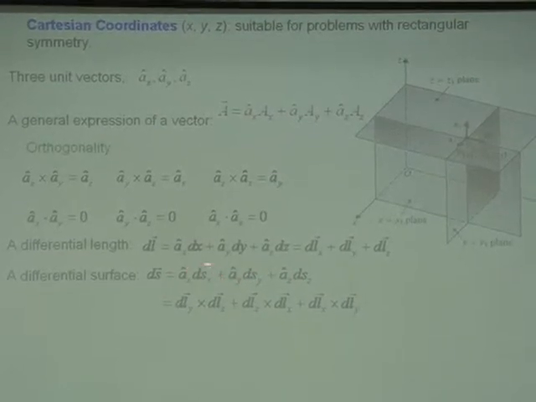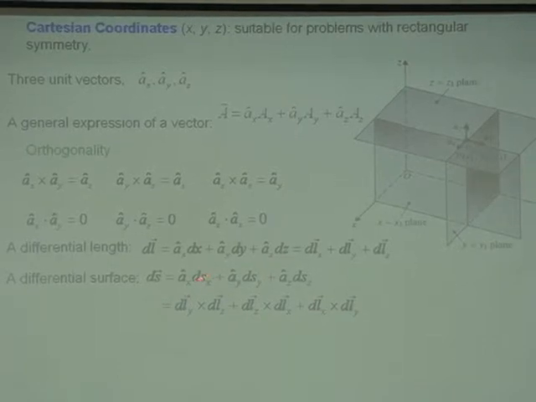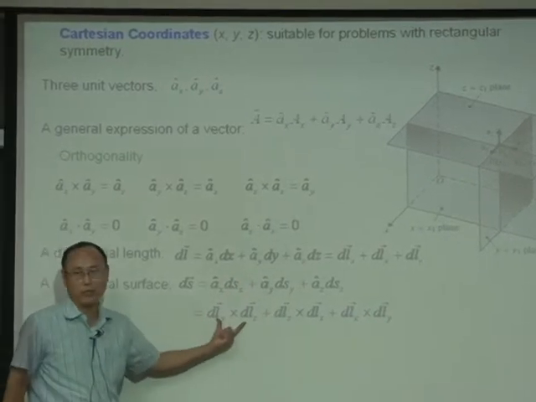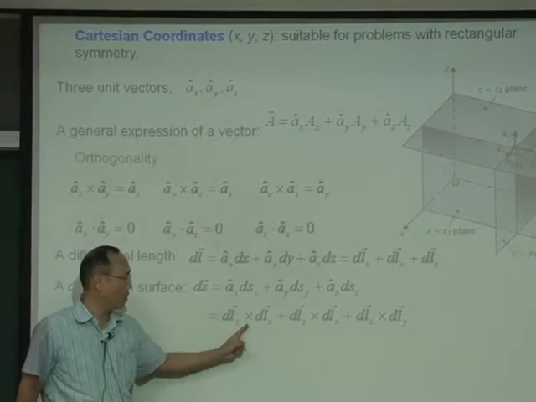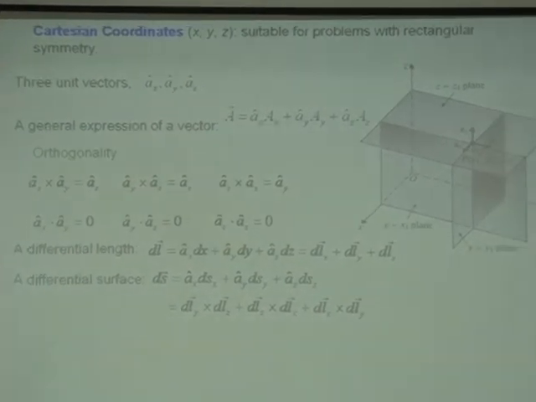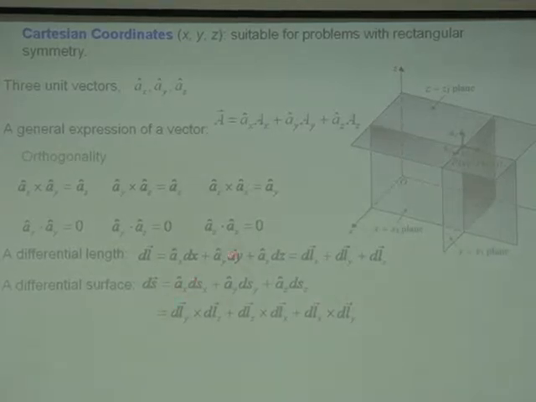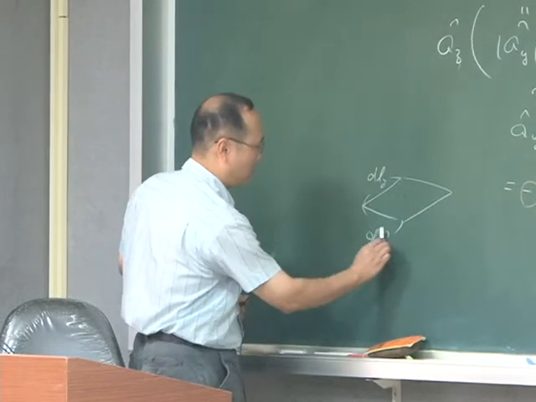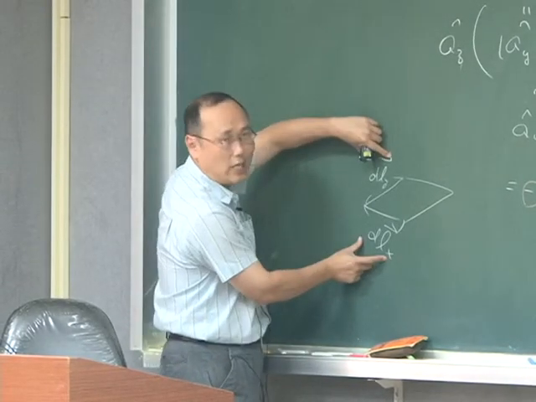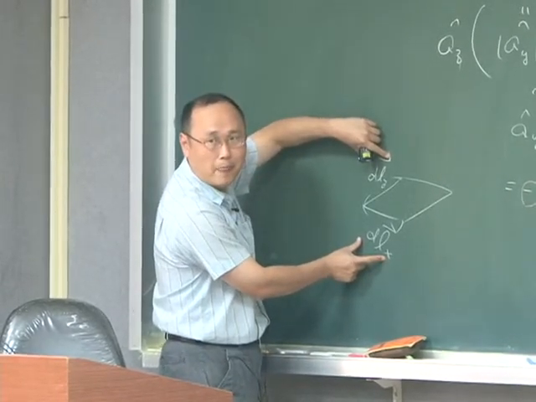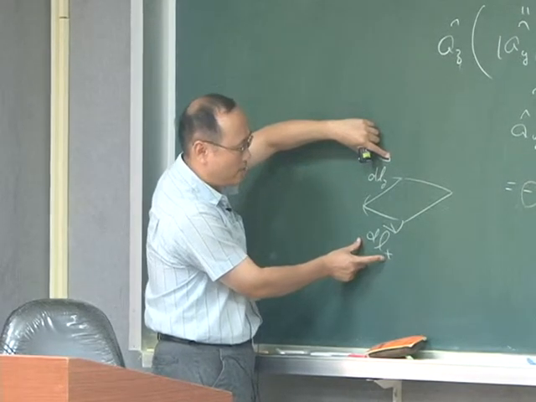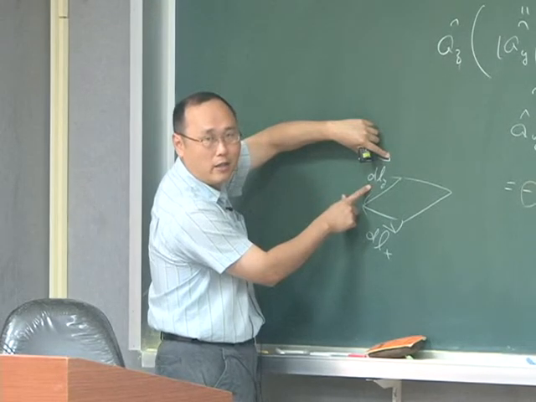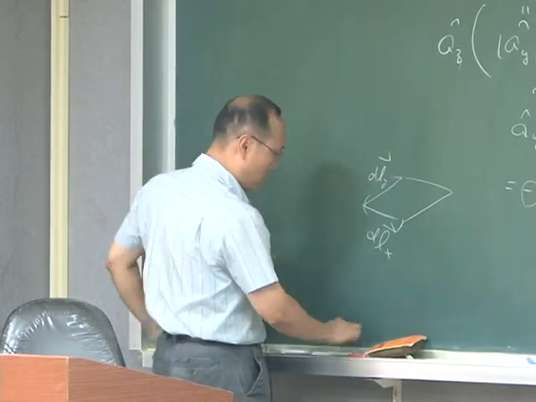The one along the x direction is spanned by the cross product of the two differential lengths along the y and z directions. And dlx cross with dly gives you a surface along the z direction.